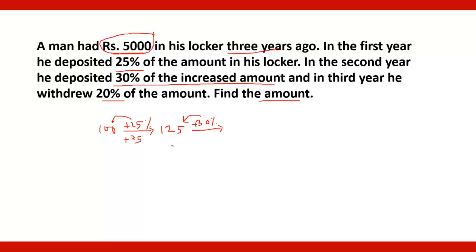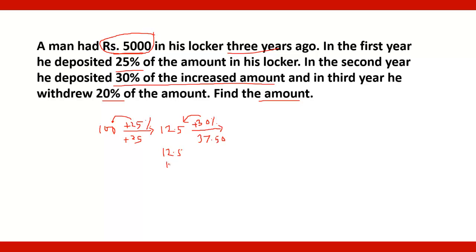So 30% of 125 will be 37.50. How do you get it? Just first take the 10% of 125, just put a decimal point after one digit, so it will be 12.5.